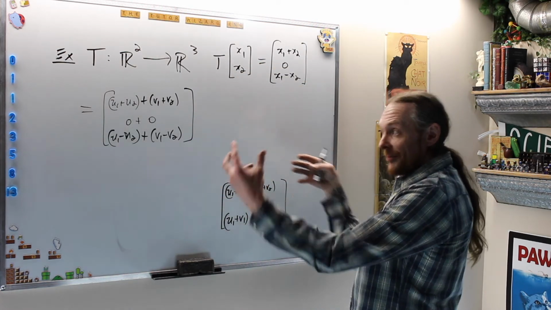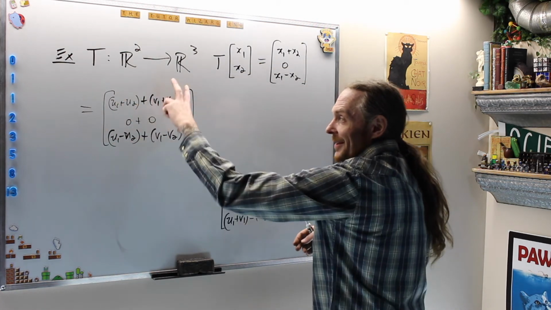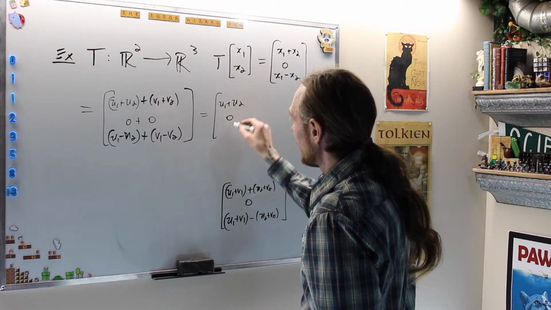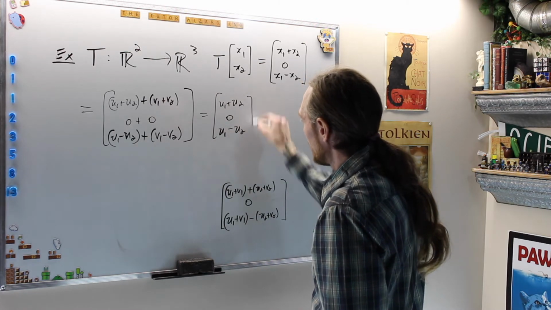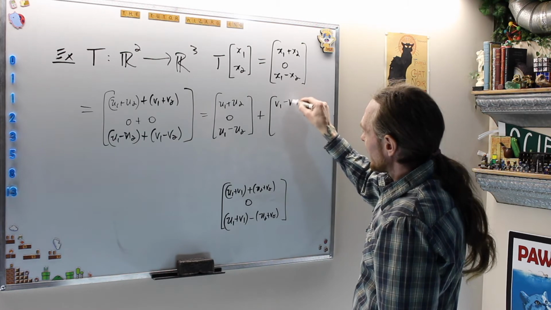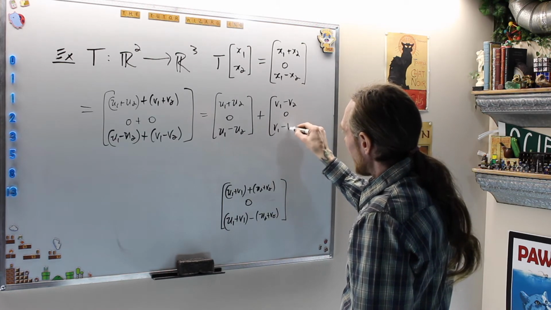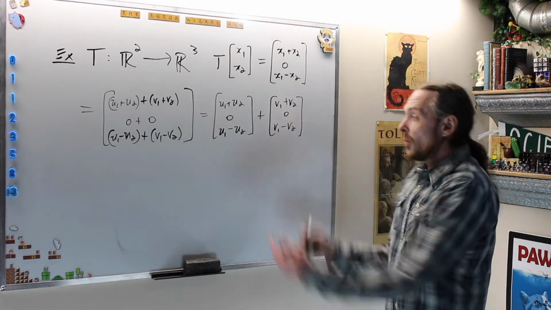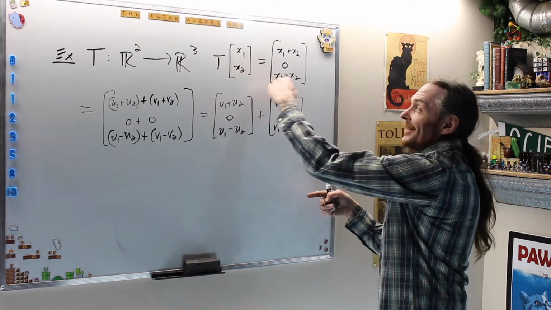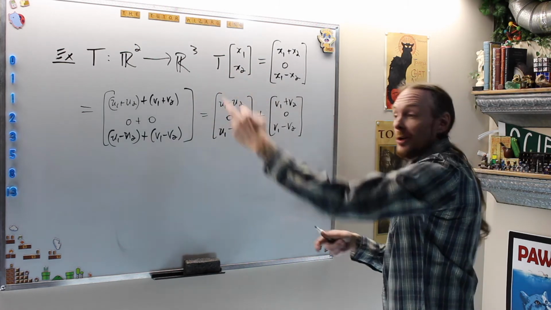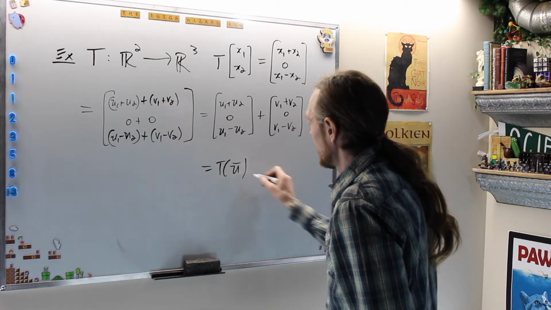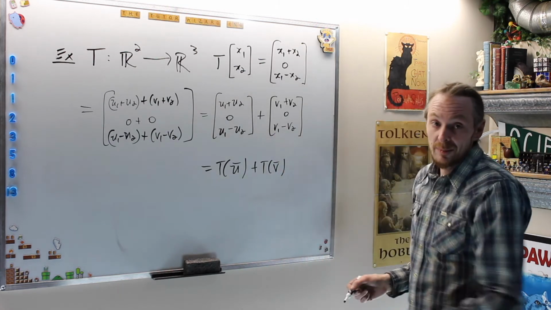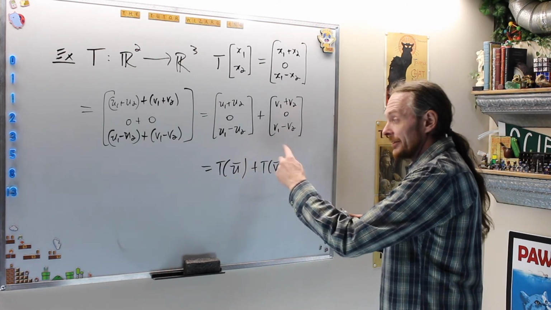And now can you see that that's the reverse of this vector plus this vector, which is going to be (u1 plus u2, 0, u1 minus u2) plus (v1 plus v2, 0, v1 minus v2). I caught it. Who are those guys? T of x is this, so this is T of u. And what's this? T of v. So it did split sums. T of u plus v is T of u plus T of v.